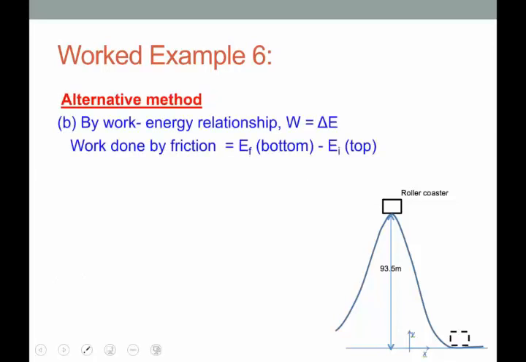Again, method 2. Using method 2, the conservation of energy and the work-energy relationship, where work done is equal to the change in energy. Work done by friction equals the energy at the bottom minus the initial energy at the top.